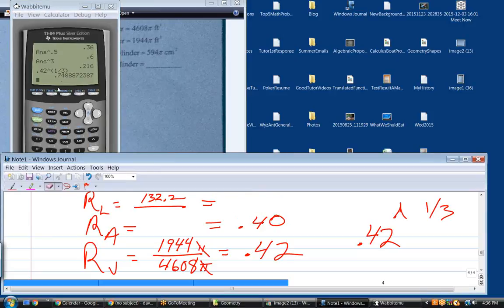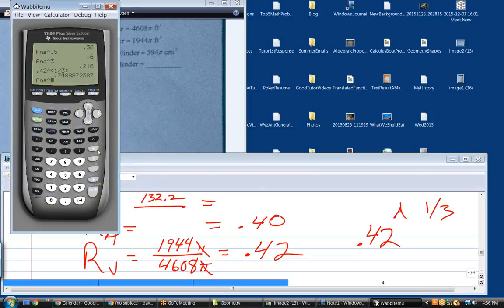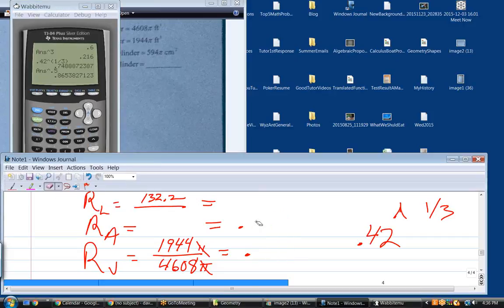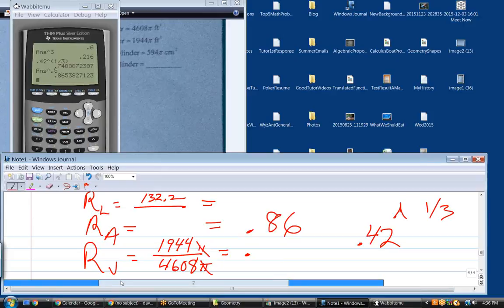And then I got to square this number to get the area ratio. So I raise it. And this time I can just put 0.5 and I don't need parentheses because I'm not raising it to a fraction. And so that's the answer, 0.86. I don't know what's going on here.